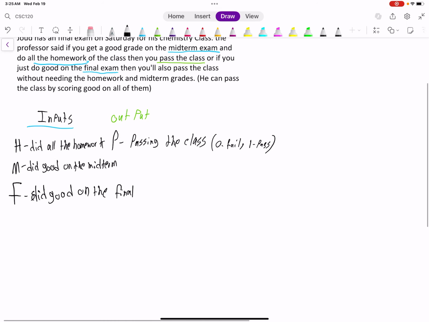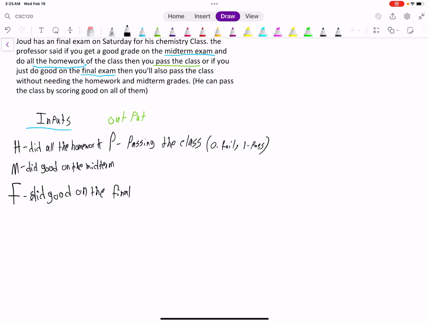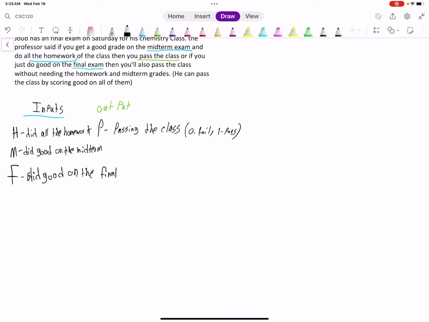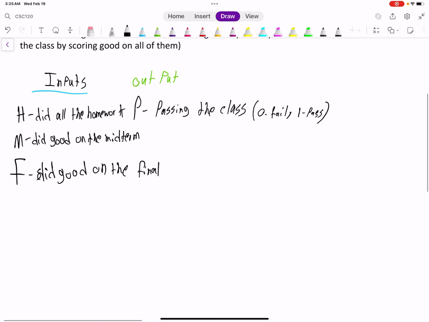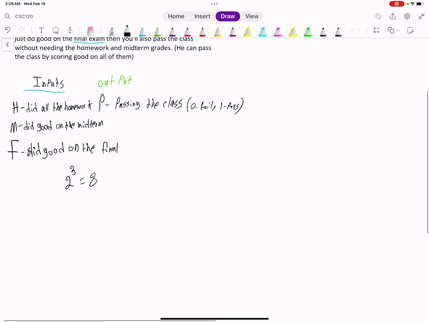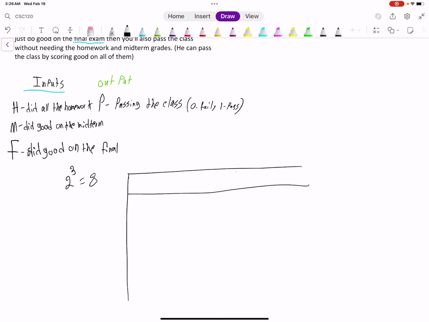So now that we've identified all our inputs and our output, I'm going to make a truth table. Since we have 3 inputs, I know this is going to be 2 to the 3, which is 2 times 2 times 2, which is 8. That means I'm going to have to make a truth table here, and we're going to have our inputs and our output.